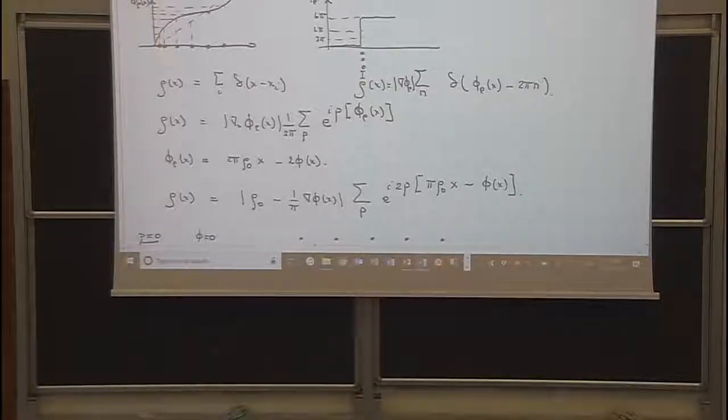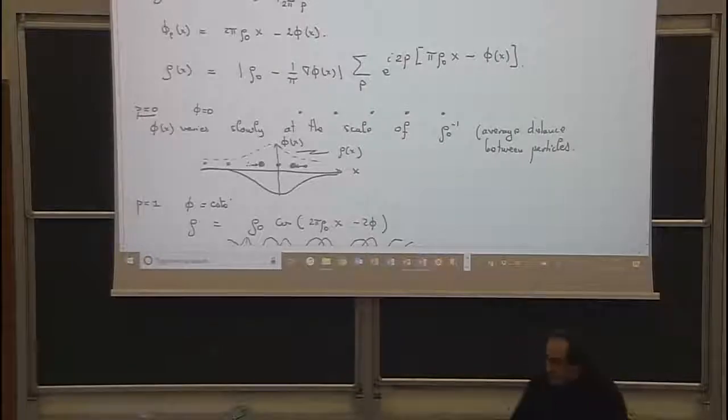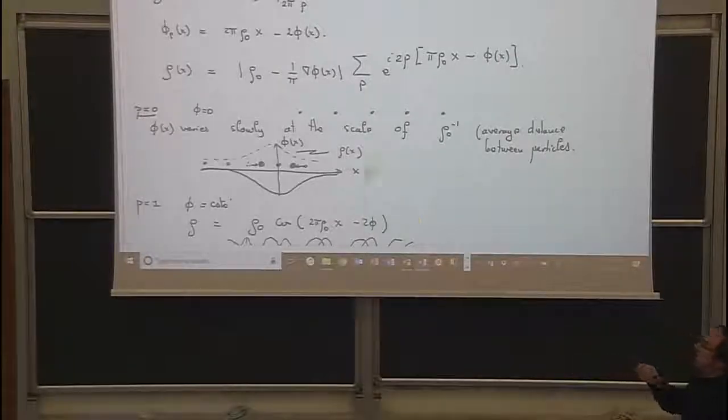And essentially, we obtain this formula where the density is a sum of harmonics, and we interpreted this formula as a kind of Fourier decomposition of the density, where the first term here is the hydrodynamic term. So think of phi as a displacement from the perfect crystalline position.